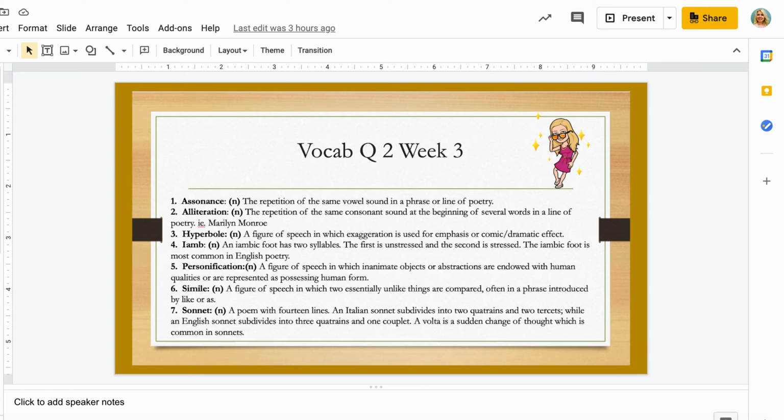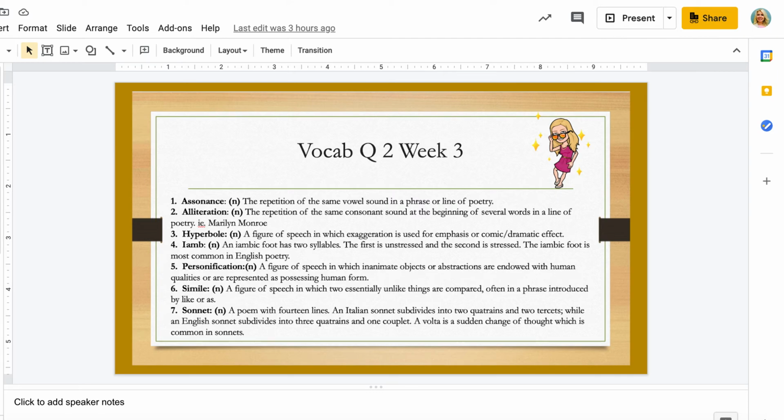First of all, the English sonnet is divided into 3 quatrains. What that means is it has a rhyming pattern at the end of each line that is A-B, A-B. That's 1 quatrain. And then it has C-D, C-D. That's 2 quatrains. And then the 3rd quatrain is E-F, E-F. Okay, so that covers the 3 quatrains.